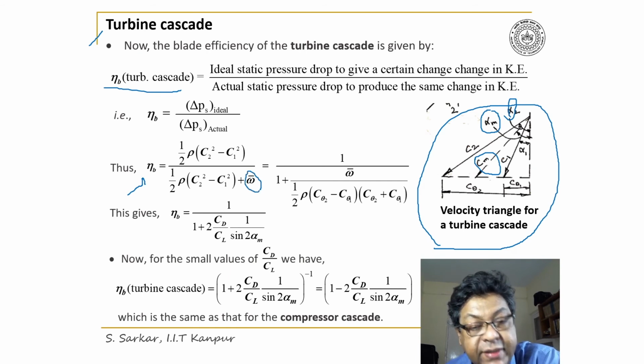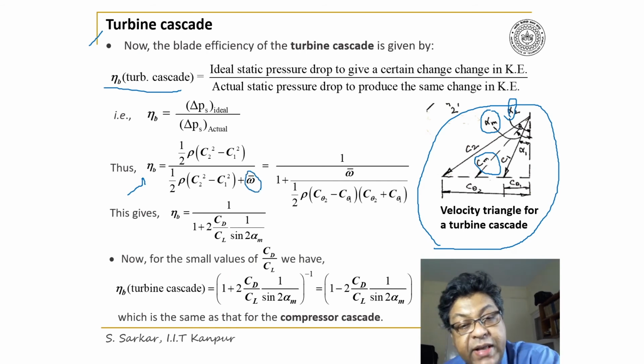Omega tilde is the loss component, that can be written as 1 over 1 plus omega tilde divided by half rho within the bracket C theta 2 minus C theta 1 plus again within the bracket C theta 2 plus C theta 1.